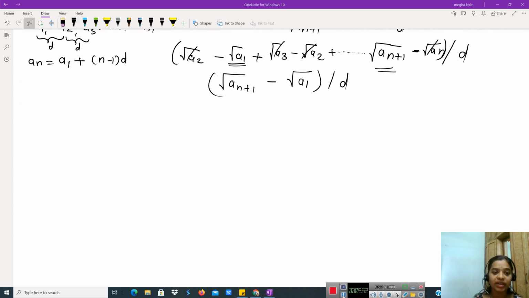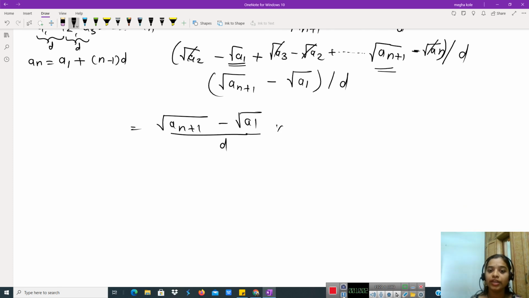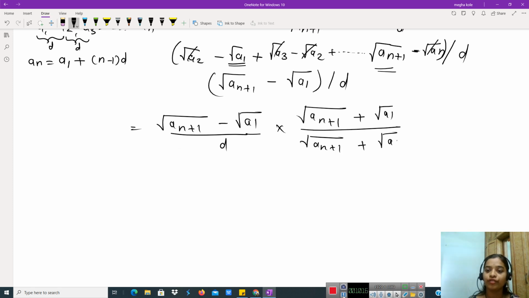For this part again, square root of a_(n+1) minus square root of a1 upon d, into, as it is a minus sign, we will rationalize with the plus sign, plus square root of a1 upon square root of a_(n+1) plus square root of a1.